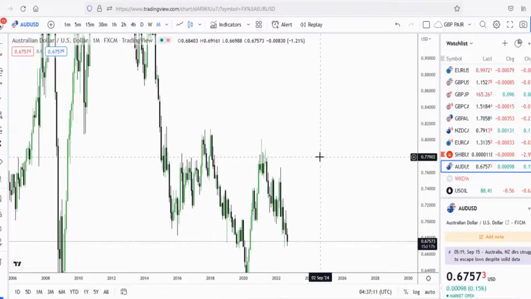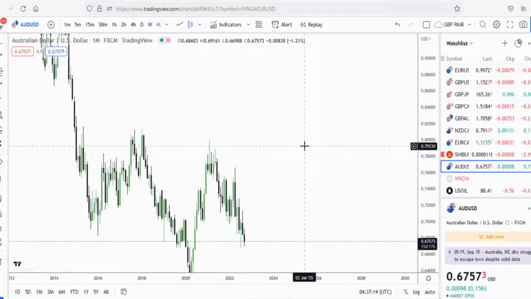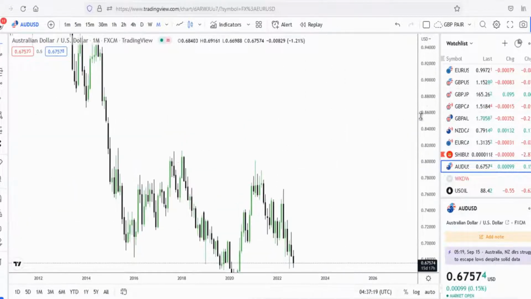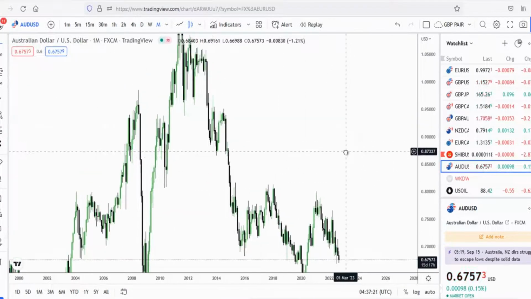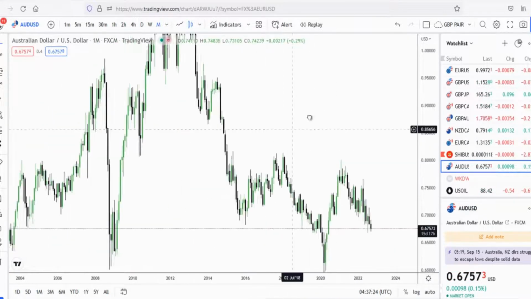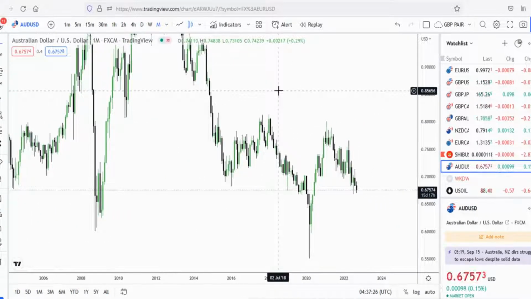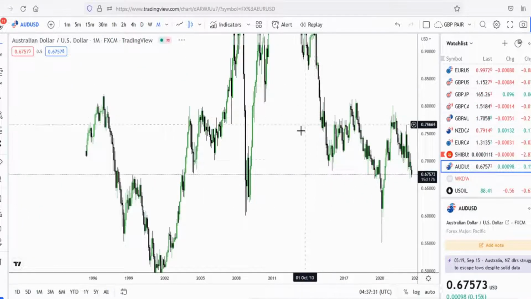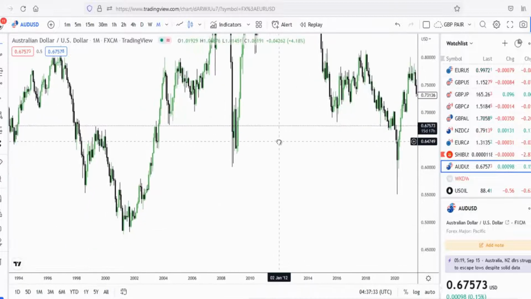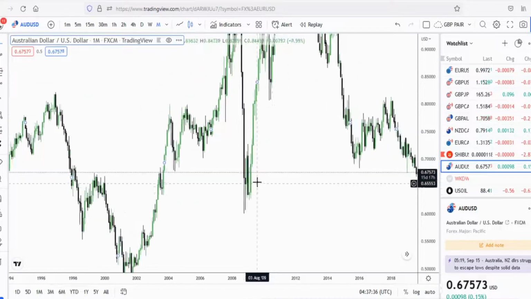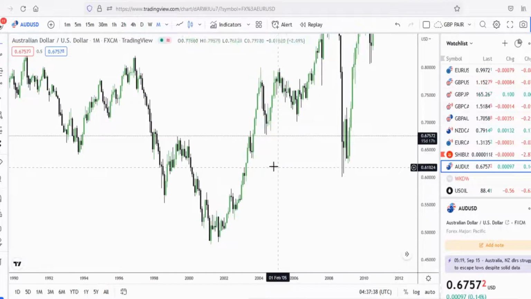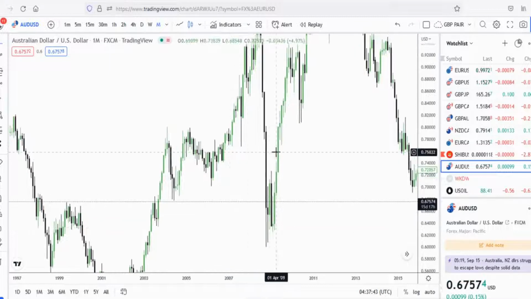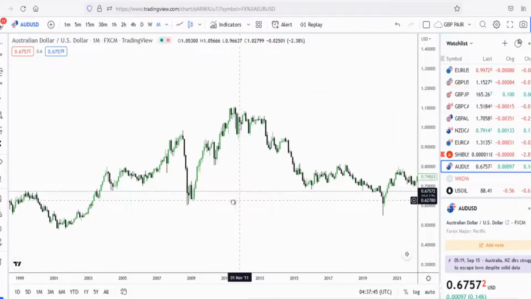On the AUD USD, I always like to look at the monthly time frame. So let's start all the way from here, go back a little bit, and I'll make some annotations here.